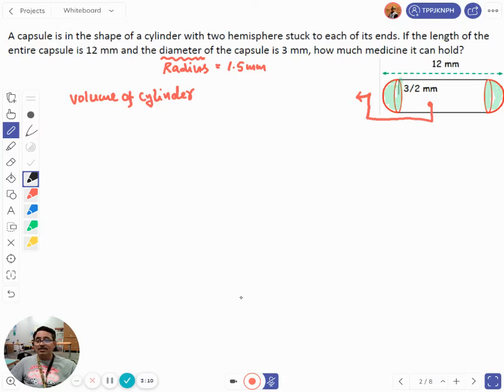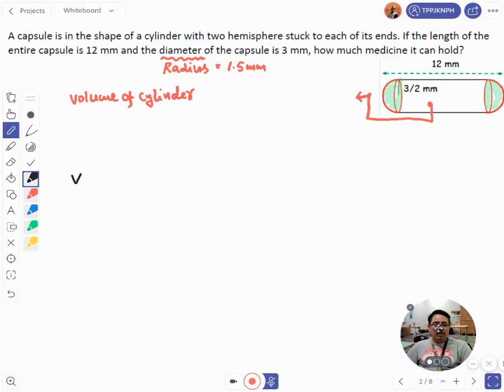Does it make sense? Like this one, plus I have to compute, let me write here, volume of a sphere. There is nothing wrong if you want to compute volume of two hemispheres separately. There is nothing wrong.